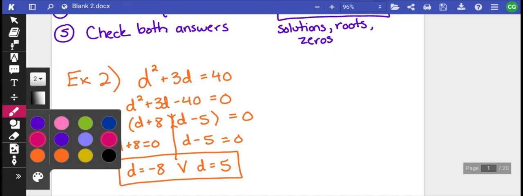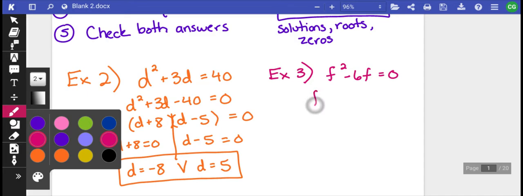Okay, let's try another one. This one's f squared minus 6f equals 0. Notice this one is equal to 0 already, so we're already set there. What I'm looking for is how to factor this. I'm looking at an f squared and a 6f.